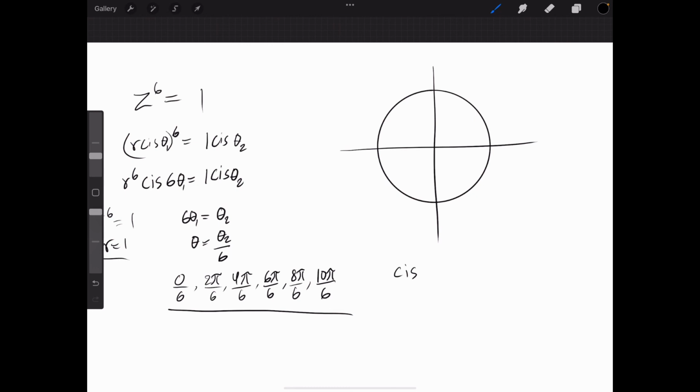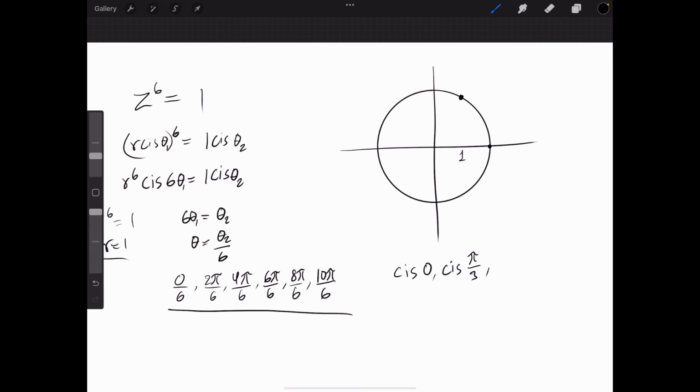So cis of 0, so it's just 1. So this distance right here is 1, by the way. Cis of 2 pi over 6 is just pi over 3. Pi over 3, if you guys remember, is basically 60 degrees, so it's going to be something like right here.